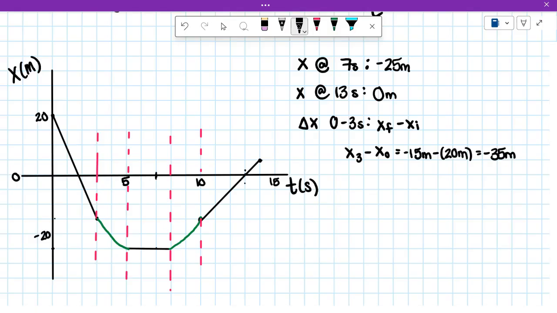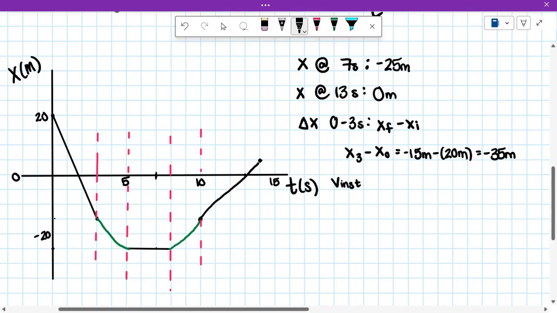All right, so the next thing we have is instantaneous velocity, right? Our rate of change of position. Well, I know that for any graph, the slope represents the rate of change. So that means the slope on this graph is going to represent rate of change of position or velocity.